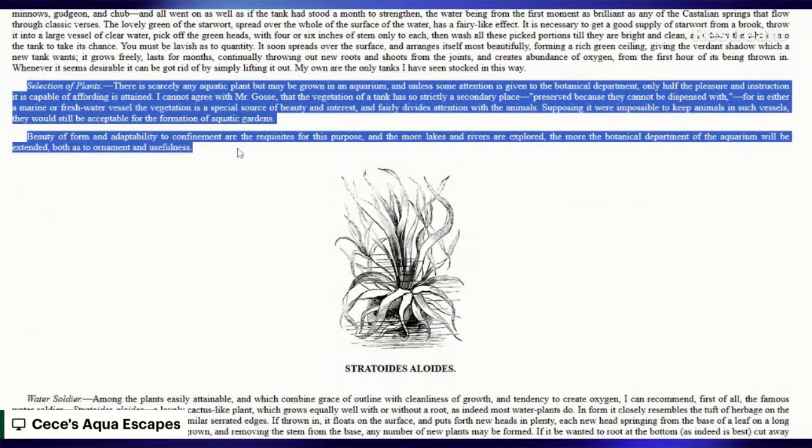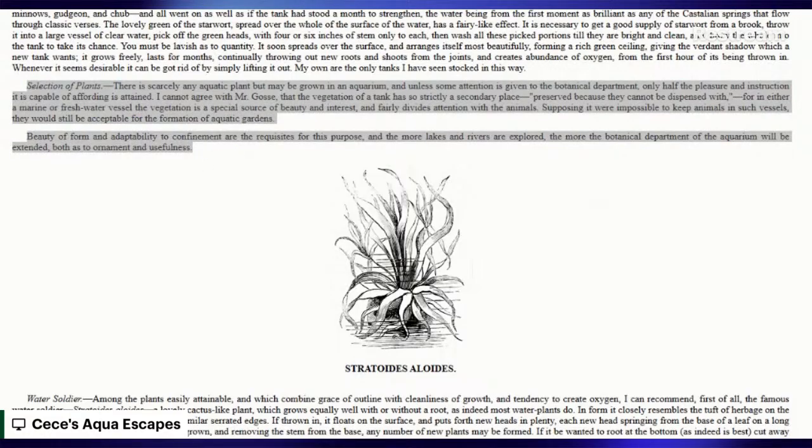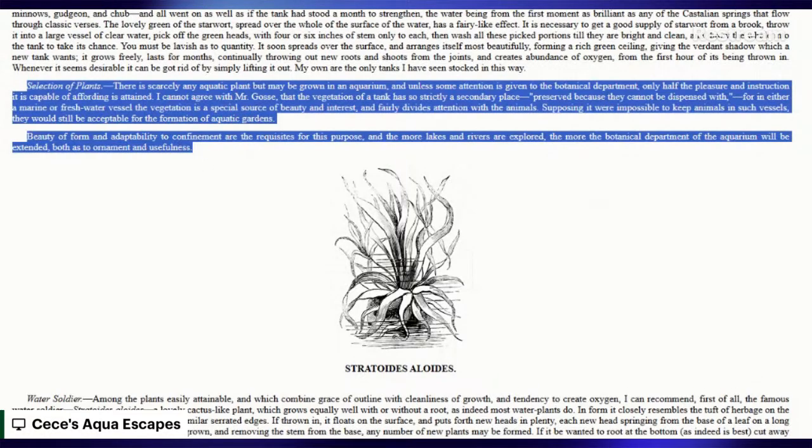Selection of plants. There is scarcely any aquatic plant but may be grown in an aquarium, and unless some attention is given to the botanical department, only half the pleasure and instruction it is capable of affording is attained.